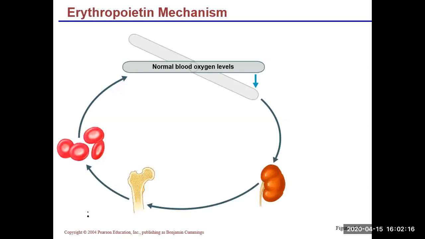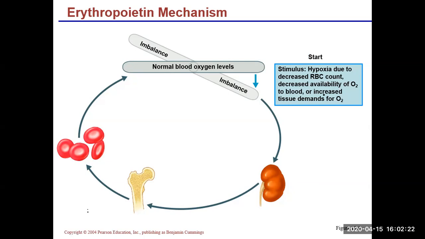Here is the idea. The first thing that is going to happen is hypoxia: lower availability of oxygen due to lower red blood cells or other reasons, but in all of these scenarios, the oxygen level is going down. Next, what happens is the kidney, and to a smaller degree the liver, releases erythropoietin.